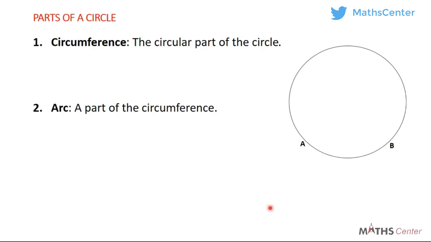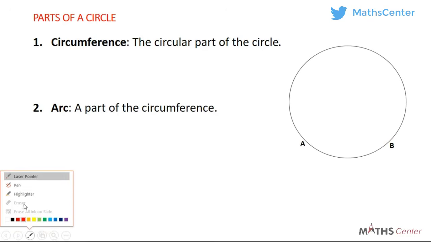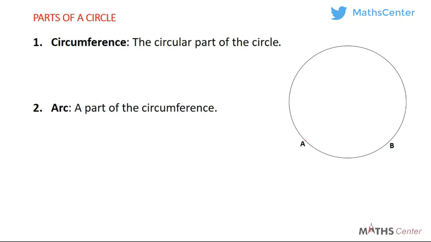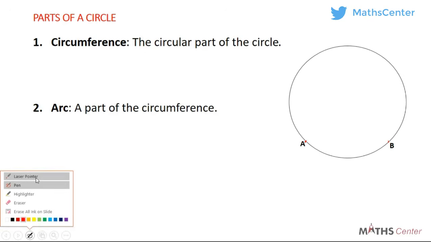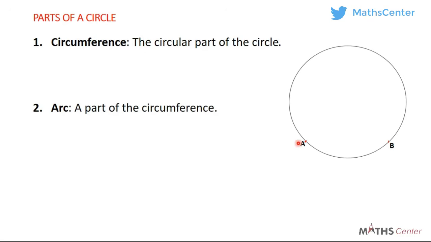So let's say that we have these 2 points, point A and point B, on the circumference. So we have point A here, then we have point B here. So you see, A and B is just a part of the bigger circle. So that part is what we refer to as an arc.